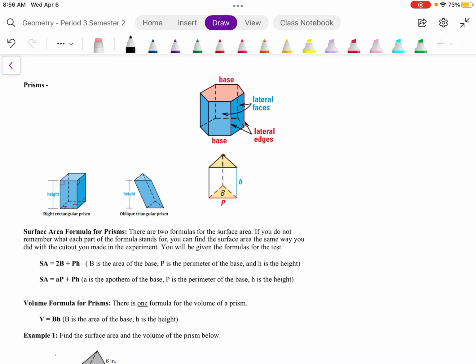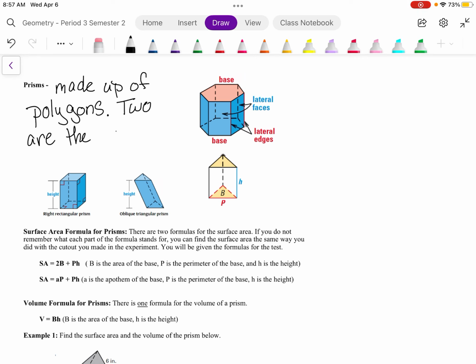So we're going to start with prisms, and prisms are made up of polygons, and two of them, called the bases, are the same and parallel with each other.